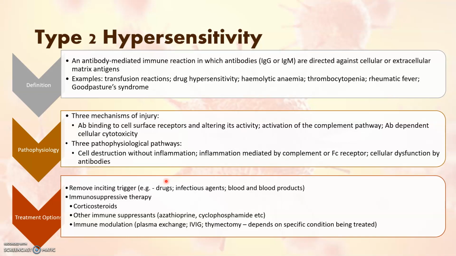Finally, we may use other types of immune modulation: plasma exchange to remove the offending immunoglobulins from the serum, or intravenous immunoglobulin, which can actually bind the host's antibodies and take them out of circulation. And in some situations, for example with myasthenia gravis, the patient may undergo thymectomy to remove the source of production of the offending antibodies.